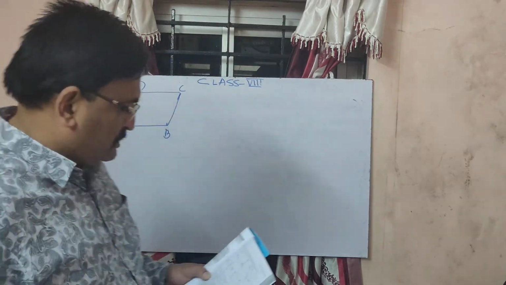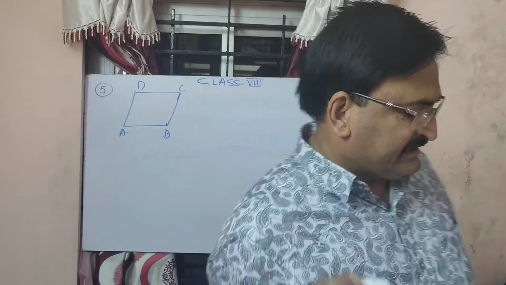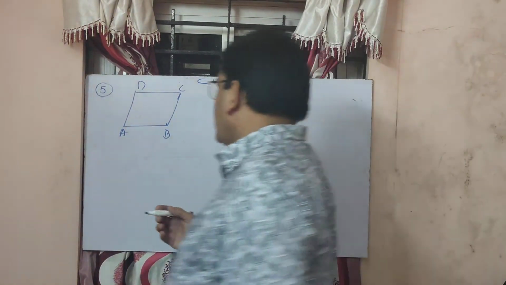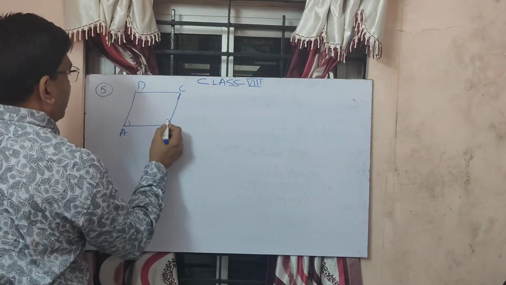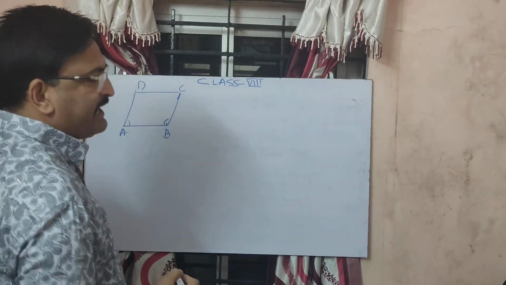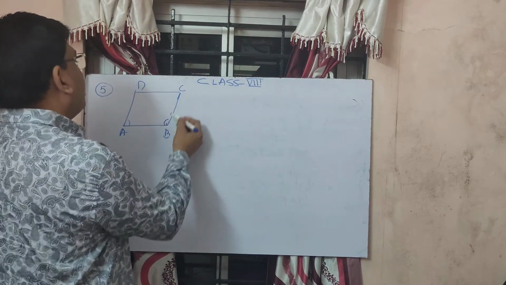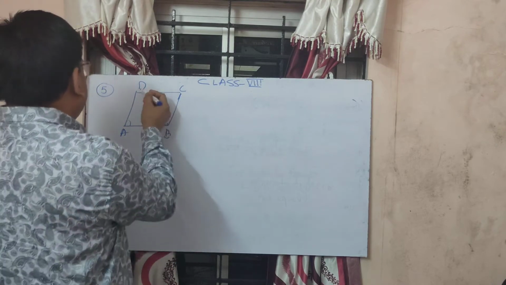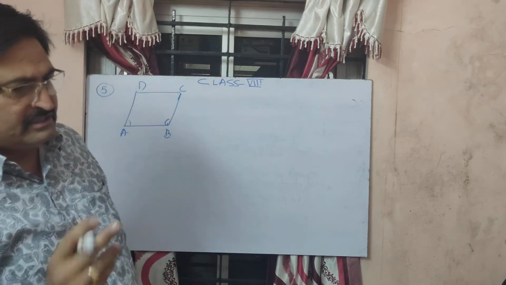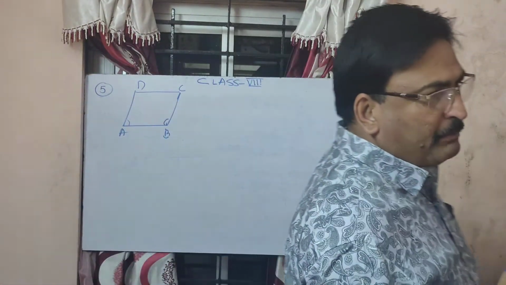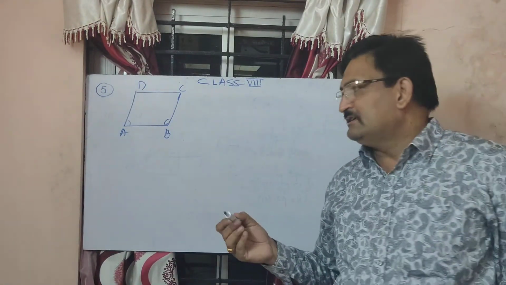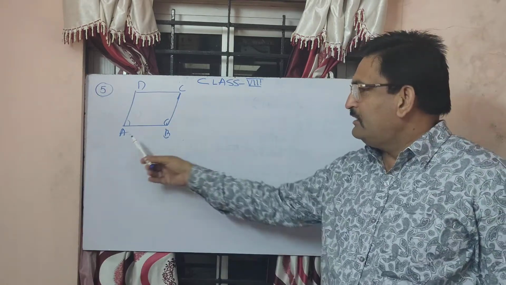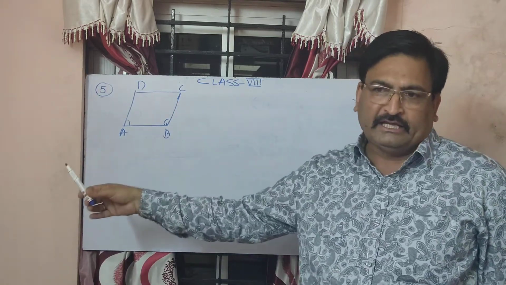A and B are adjacent angles. B and C are adjacent angles. C and D are adjacent angles. D and A are adjacent angles. So what is the property? The sum of the adjacent angles is always equal to 180.